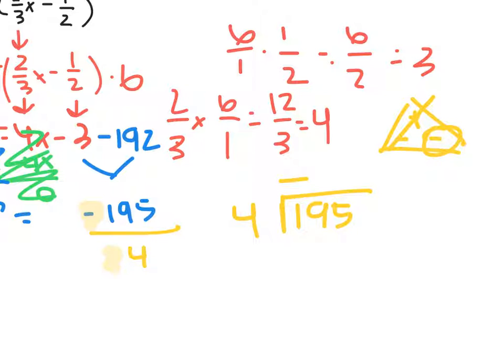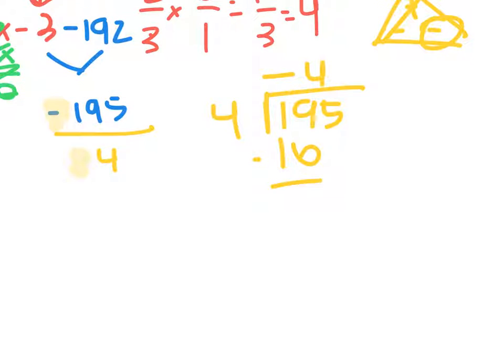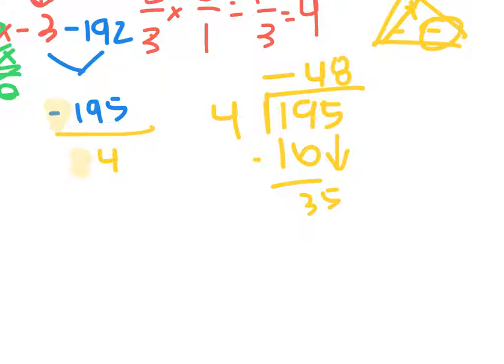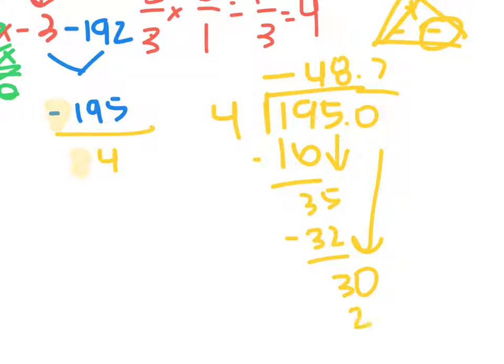So 4 goes into 19 4 times, that's 16, and then that's 3, and you bring down the 5, and that would be 8, 32. You'd be left with 3. You've got to annex a 0. So 4 goes into 30 7 times. That would be 28. You'd be left with 2. And you're going to put one more 0.